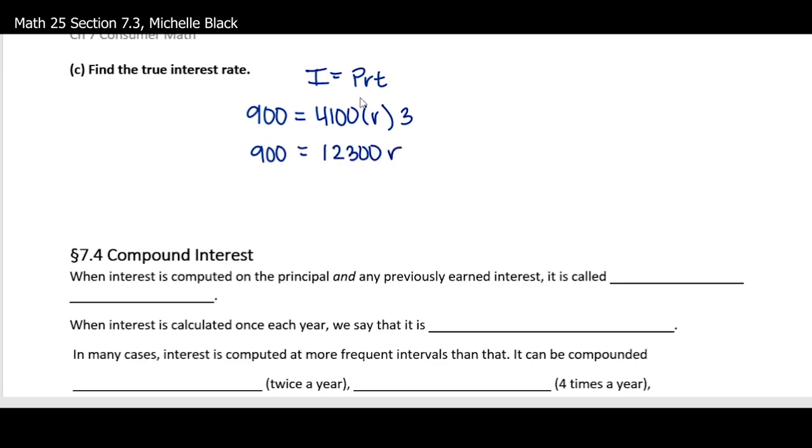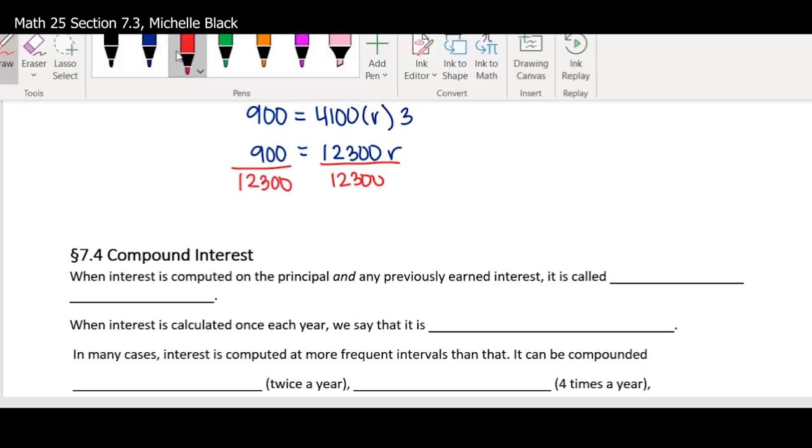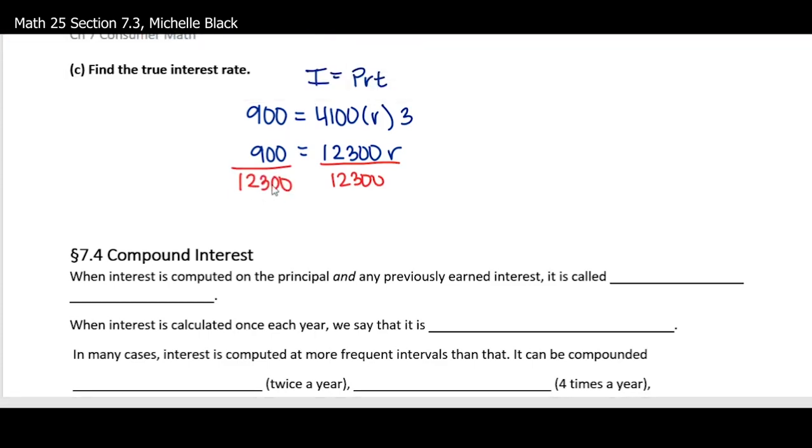12,300. And then to solve for r, I just need to divide away that 12,300. When you divide 900 by 12,300, you get 0.073.